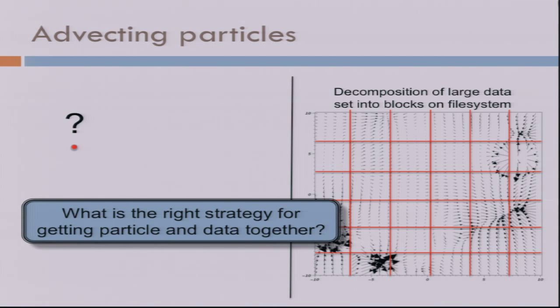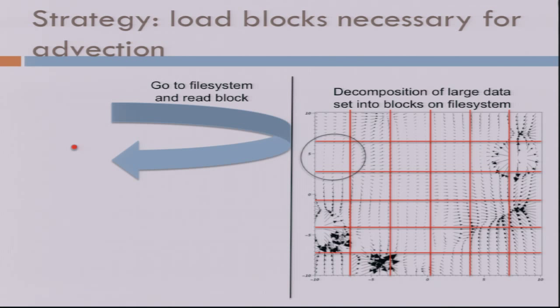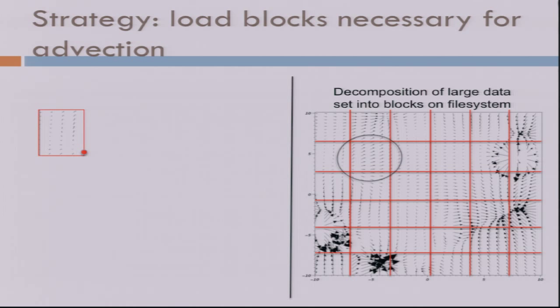Here's a really simple strategy. We can go to the file system and read a block, and then we have that block in memory, and we can do an evaluation, and then read the next block and advect it, and then the next block and advect again.